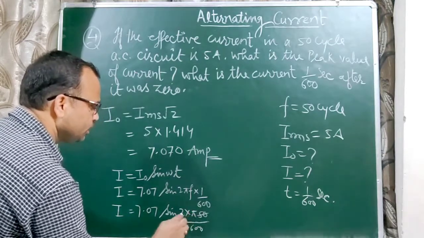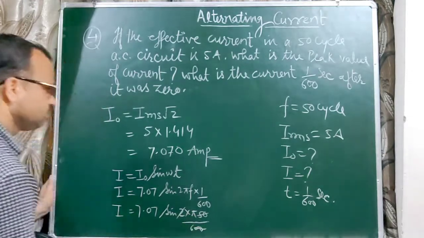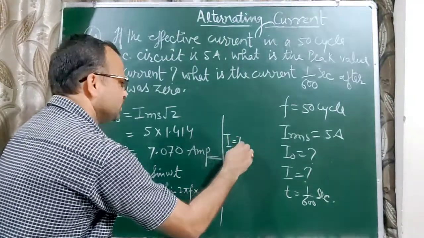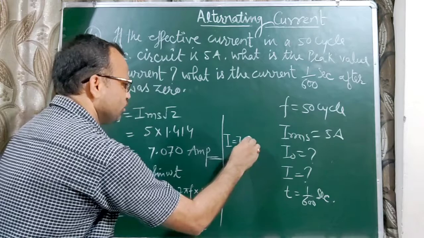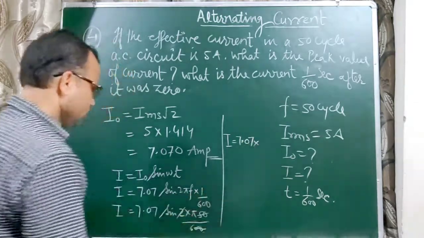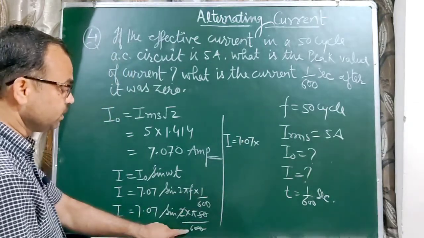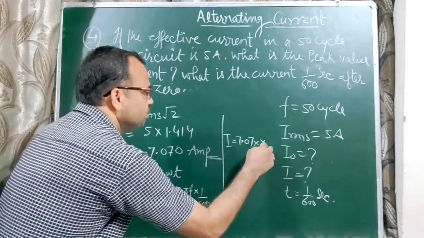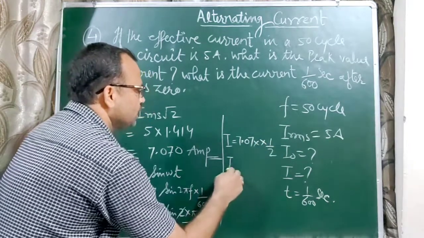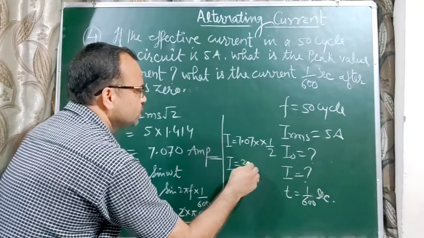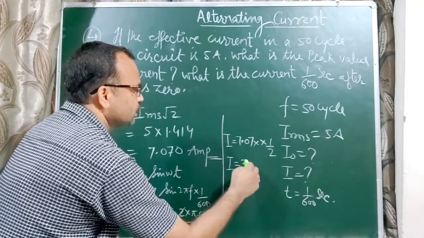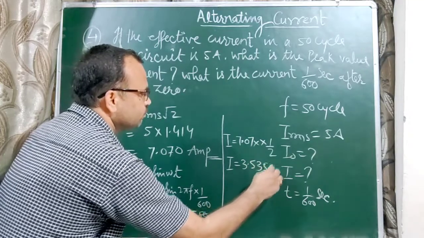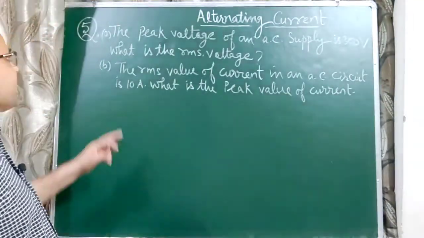So 50 to the 100, this two cancel. So I equal 7.07 into sin pi by 6, means sin 30, and value of sin 30 is 1 by 2. So I equal to 3.535 ampere.